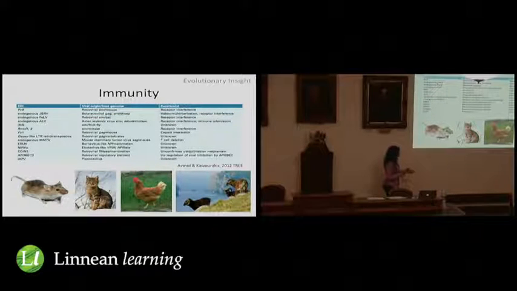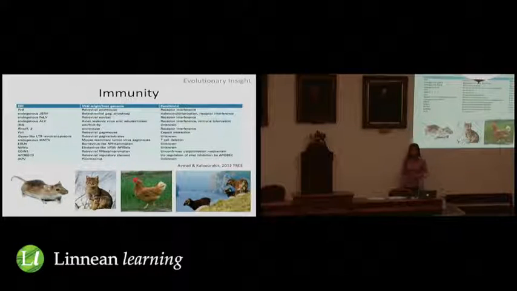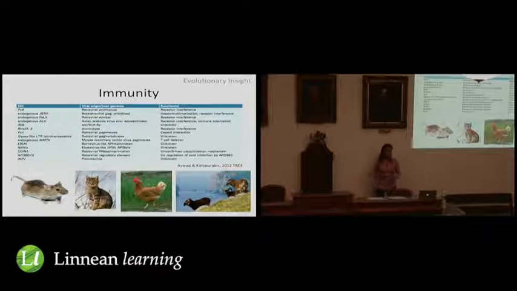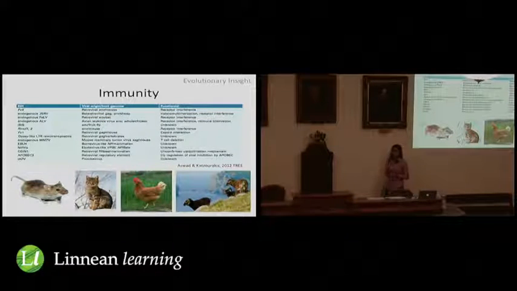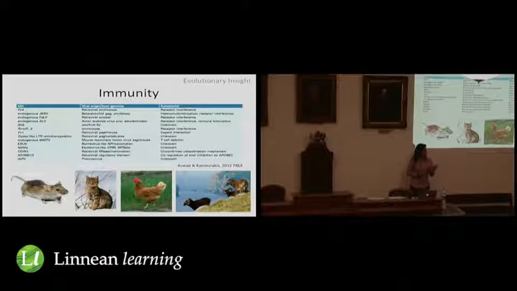So one example exists in the sheep. In the sheep population, there is a virus called Jaagsiekte sheep retrovirus, JSRV for short, which is not present in all sheep. In those sheep that don't have the retrovirus, when they encounter the external JSRV, they develop a usually fatal infection. It affects the lungs, and they die.